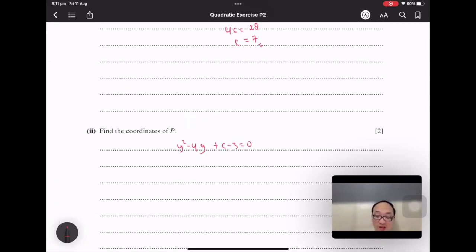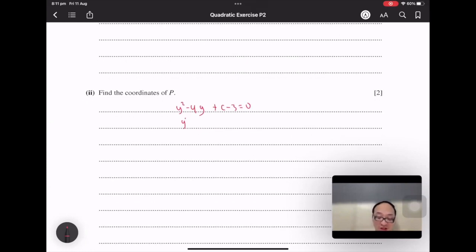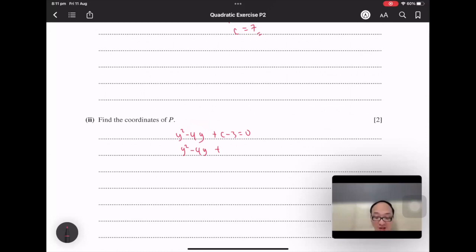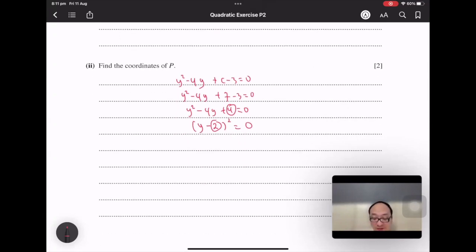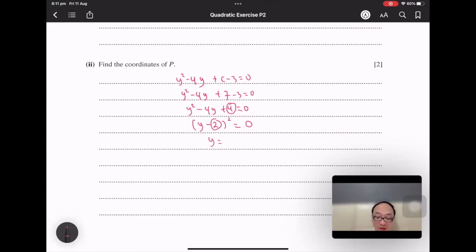So put c equals 7. So y squared minus 4y plus 7 minus 3 equals 0. So y squared minus 4y plus 4 equals 0, which is (y minus 2) squared equals 0. So that means y will be equal to 2.